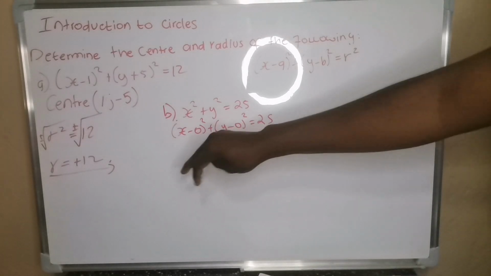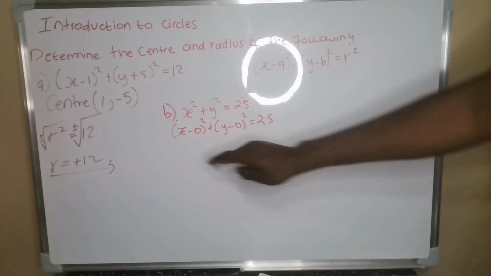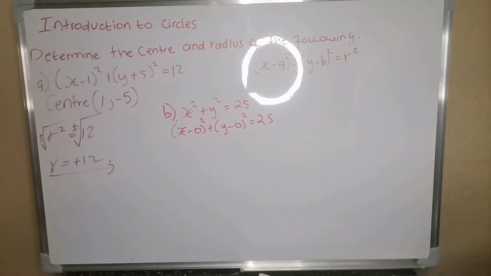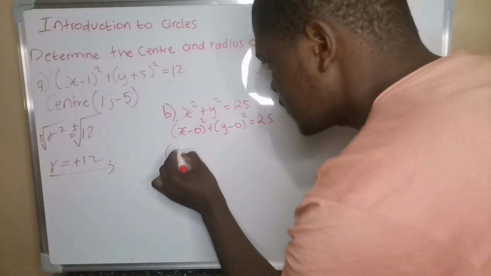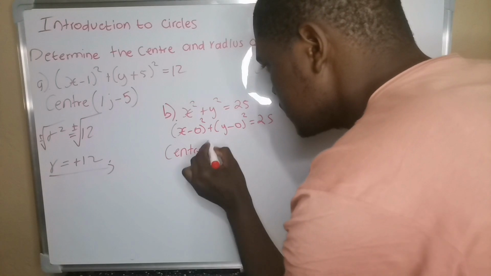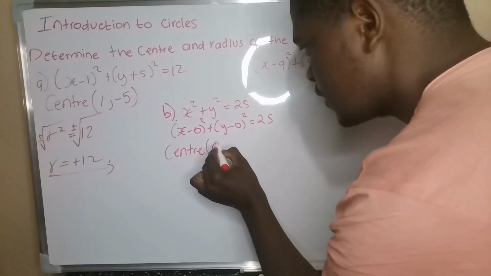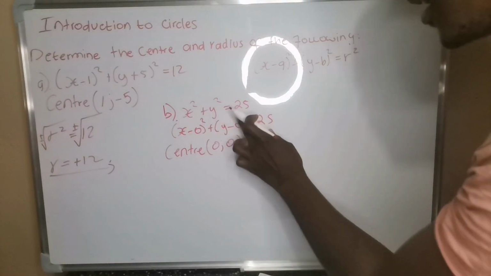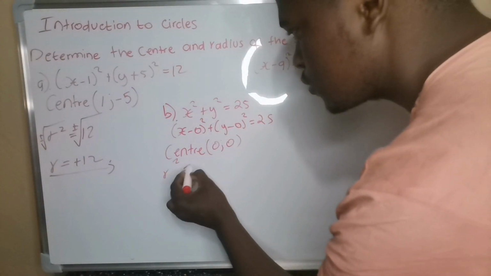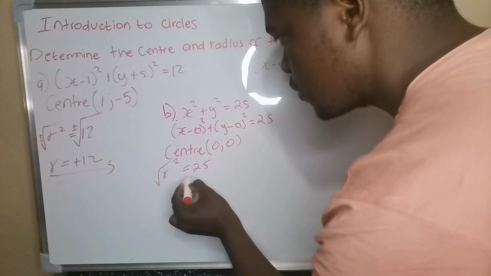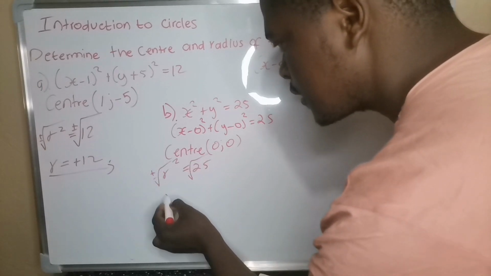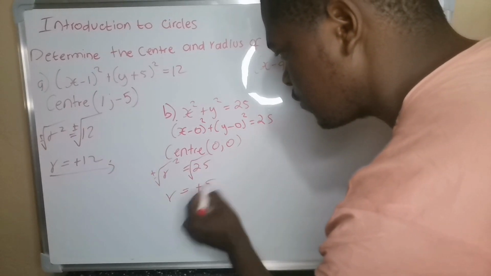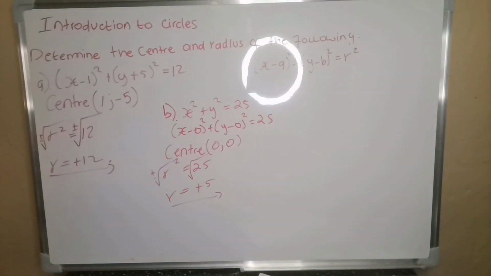I just wrote this equation in this form. Now, what are the coordinates of our center? The coordinates of our center are 0 and 0. What is our radius? Obviously, r squared is equal to 25. Then you square root both sides, plus or minus. Then r is equal to positive 5. You are done.